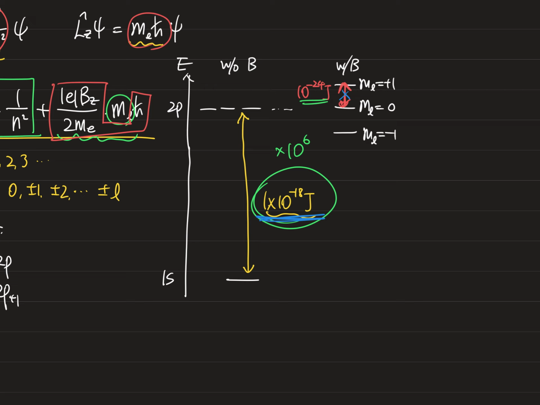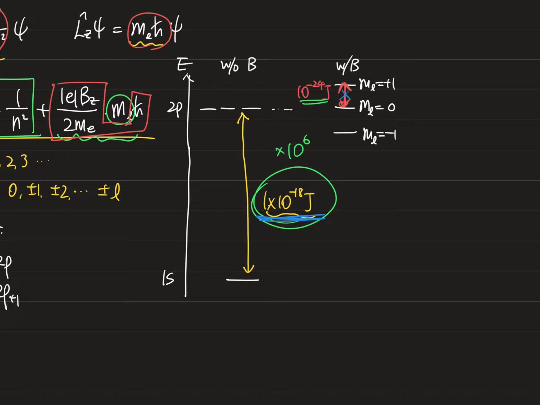You can always measure the energy difference using a spectrometer. So if you have a better and better spectrometer, then you can distinguish such tiny energy differences. Then we will realize that, oh, there are sub-energy levels. So 2p energies are not really degenerate in the presence of the magnetic field. Okay, so that's how science evolves from the beginning.